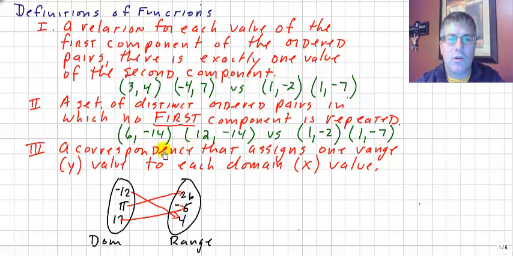Okay, and as we showed in the previous example, let's say 12 leads to negative 4, and even if pi leads to negative 4, okay, that would still be a function. Even though they have the same output, we have different inputs leading to the same output, so that would still be a function.